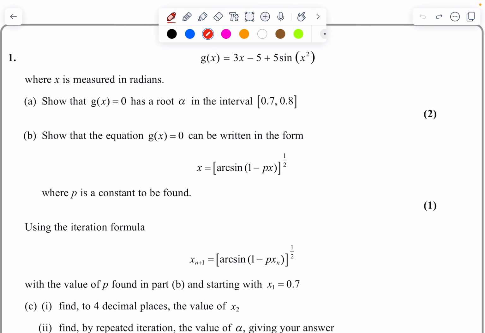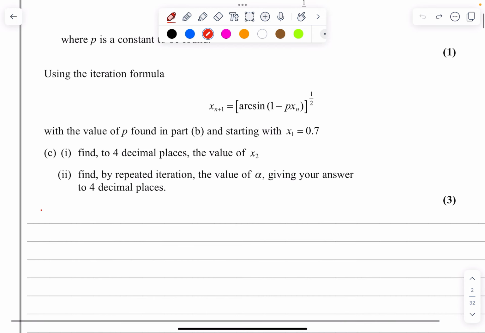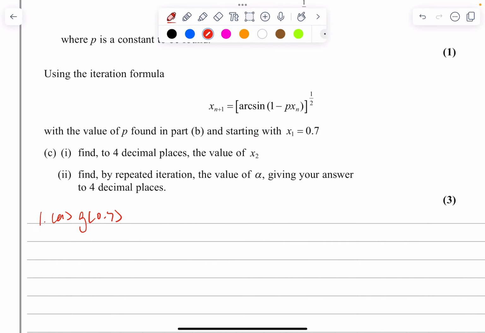It's a standard one. So for part A, it's the intermediate value theorem. Since it's asking to show that there's a root between 0.7 and 0.8, we should find g(0.7).